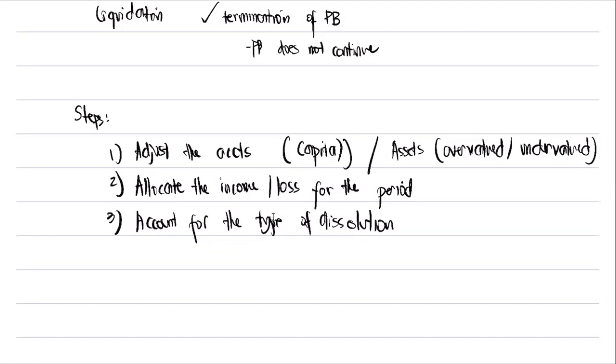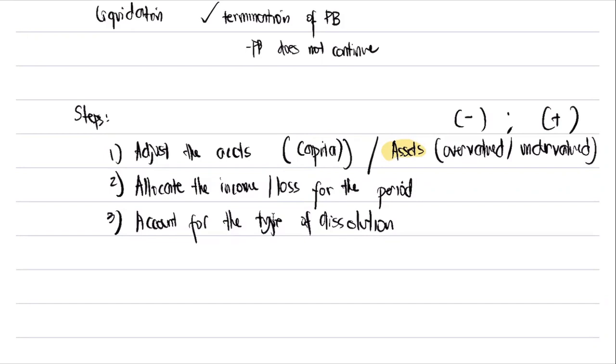What is the effect? It will affect the capital. What accounts normally are adjusted? It is your assets. If your asset is overvalued, you need to decrease it, so the resulting effect is you decrease your capital. If the asset is undervalued, you need to increase it, so the resulting effect is it will increase your capital.